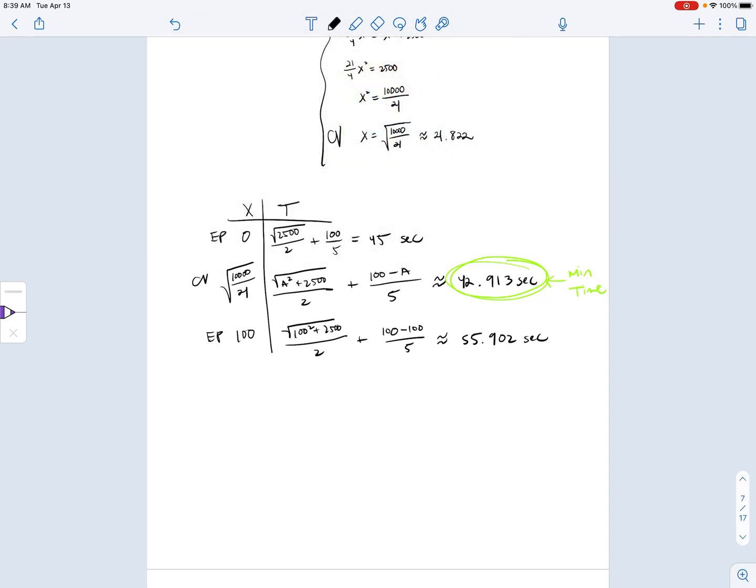So to summarize, for Jill to minimize her time, she must swim approximately 21.822 meters, so almost 22 meters downstream.